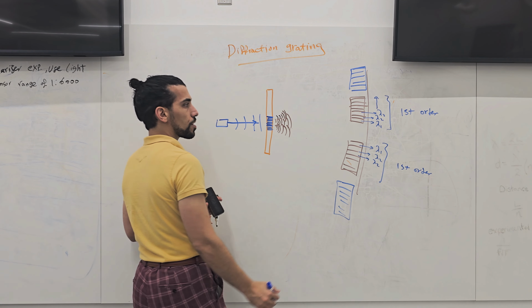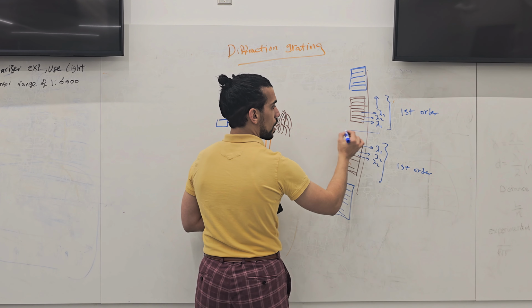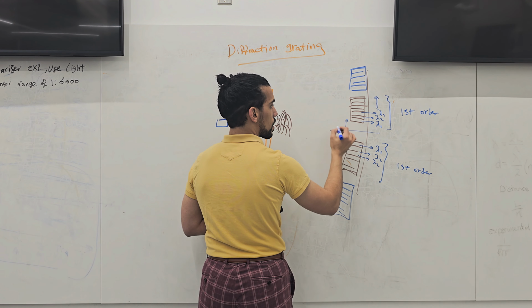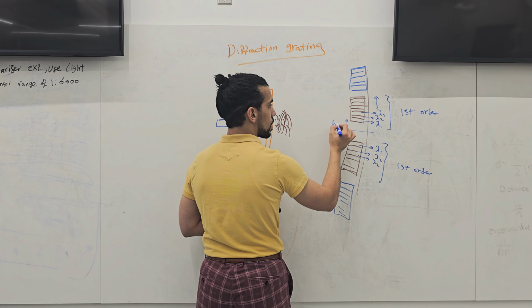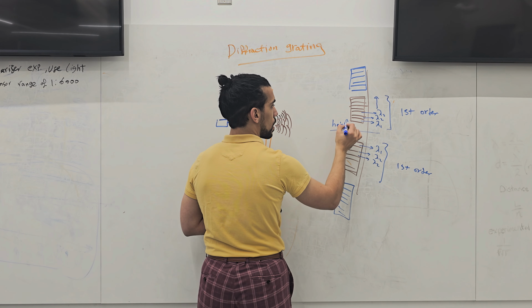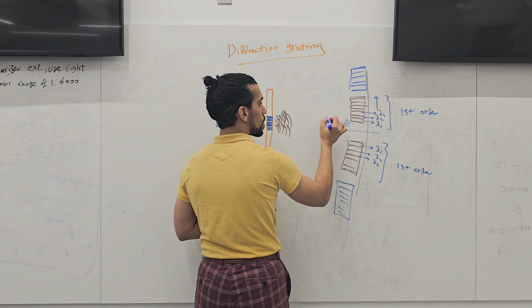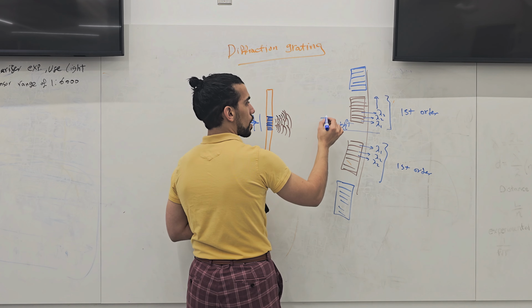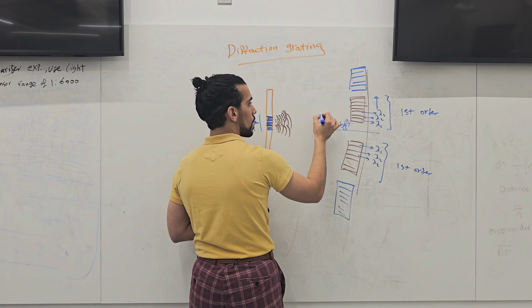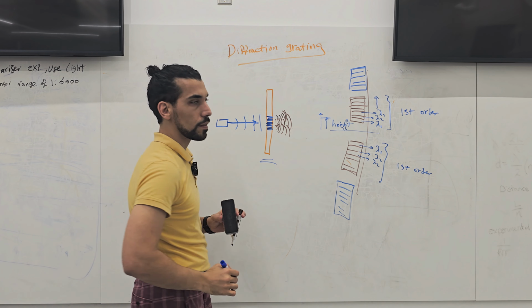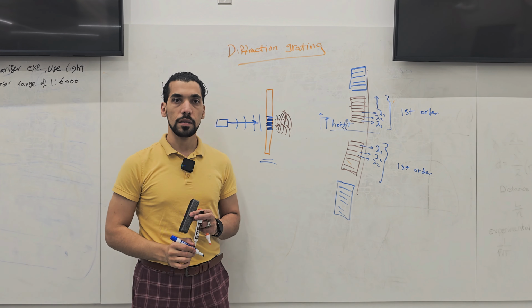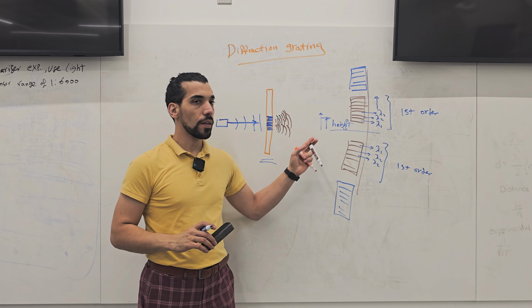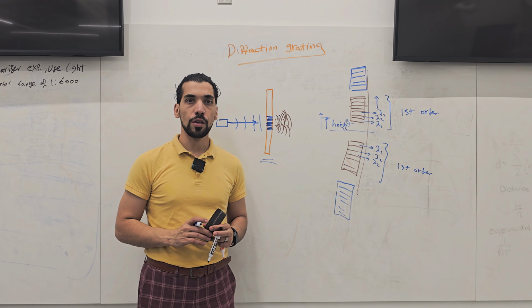And we would like to measure these distances, the height for each wavelength, so that we can determine the wavelength of each one based on the diffraction grating. So we are going to do this inside the experiment to see how we could evaluate the value of the wavelength itself.